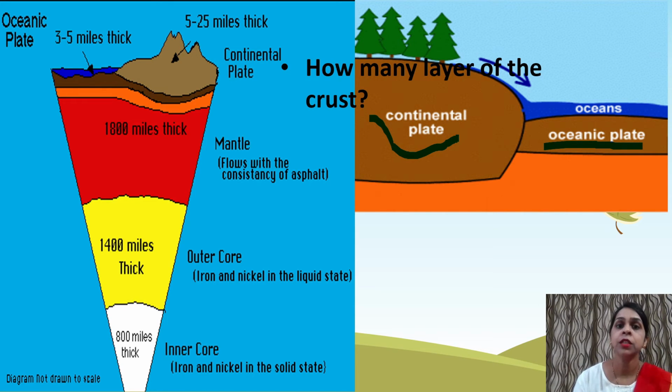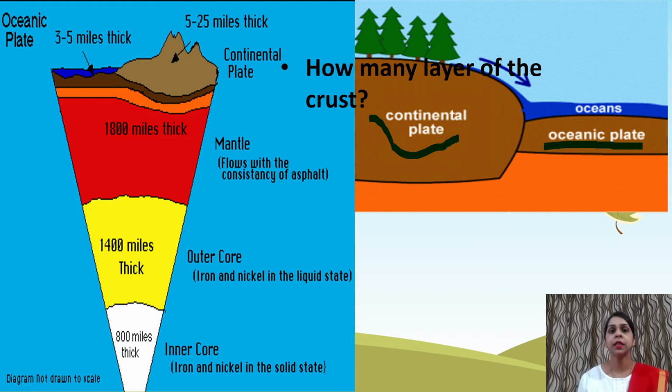Continental crust is mainly composed of silica. Silica is a compound of silicon, and aluminium. Because of this composition, this layer is also known as the Sial layer. The density of this layer is 2.65 to 2.9 grams per centimeter cube.